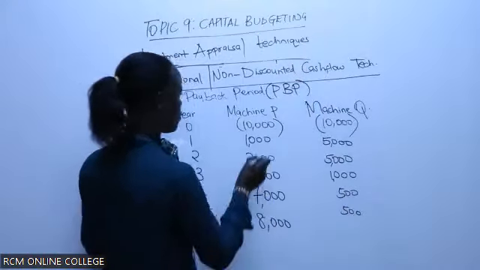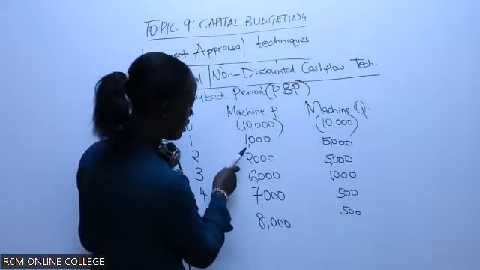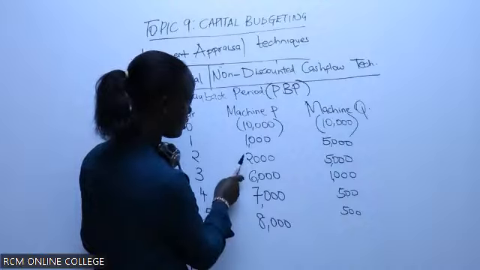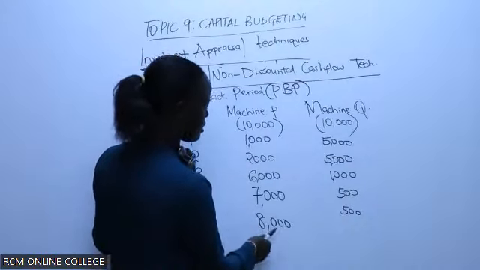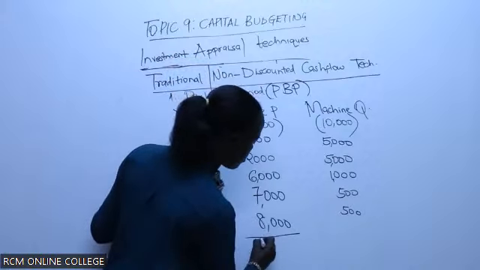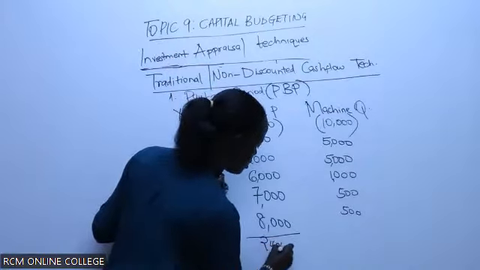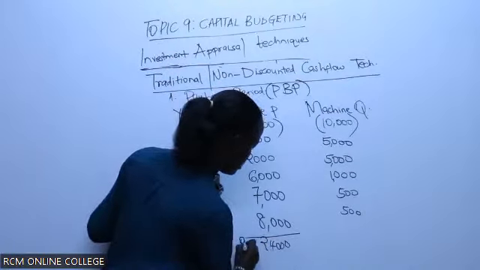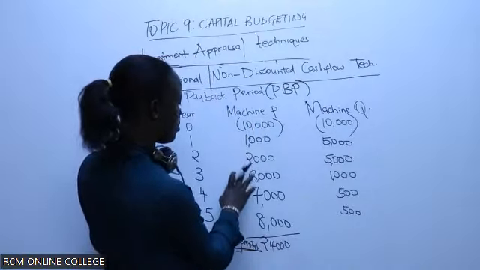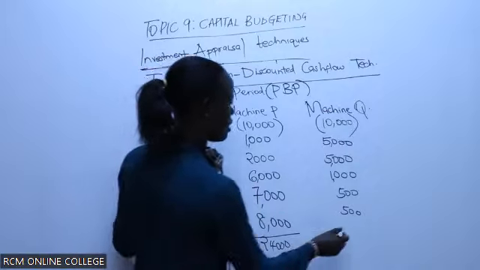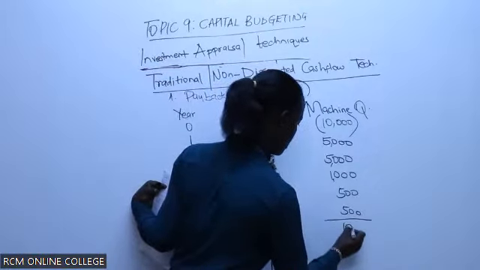Meaning the total profitability of machine P, this is 1 plus 2, 3 plus 6, 9, 9 plus 7, 16 plus 8 is 24,000. So this is the profitability. So the profit of machine P was 1,000, 2,000, 6, 7, 8. And for this one, I guess it's 12,000.